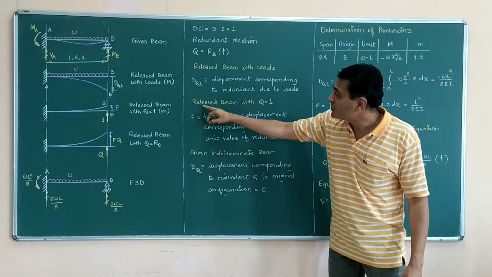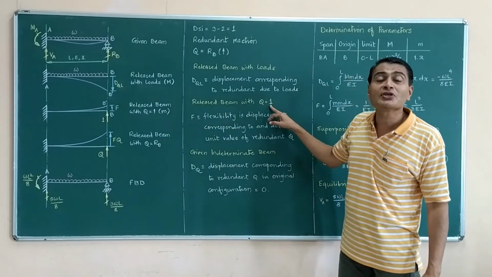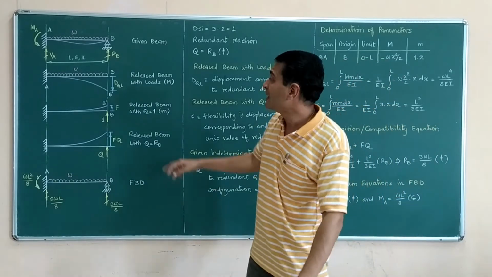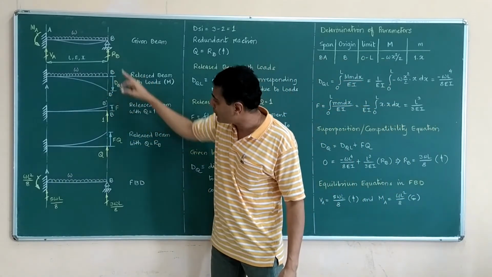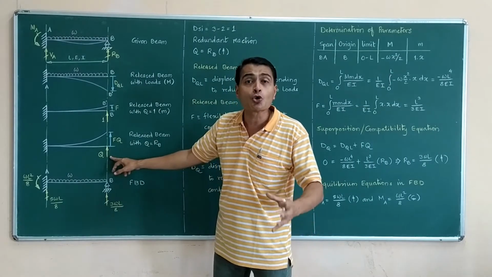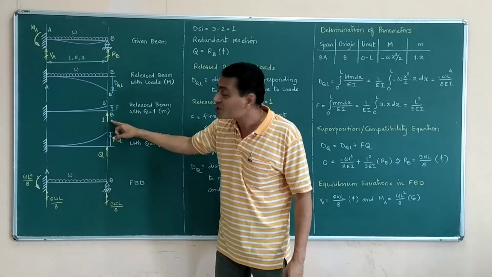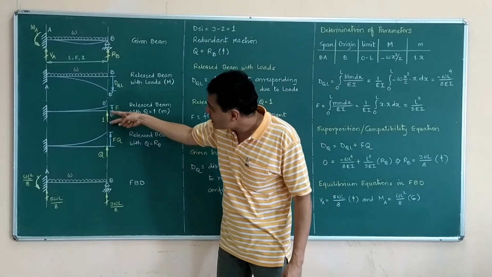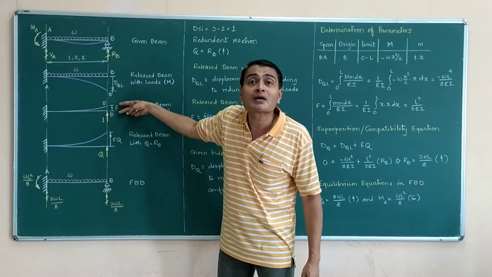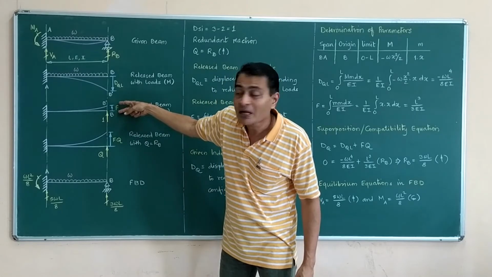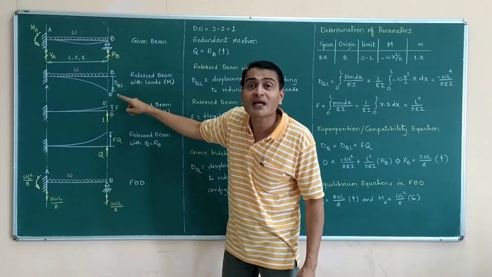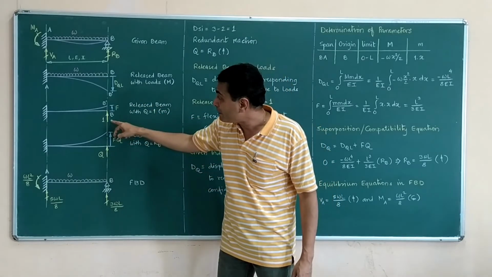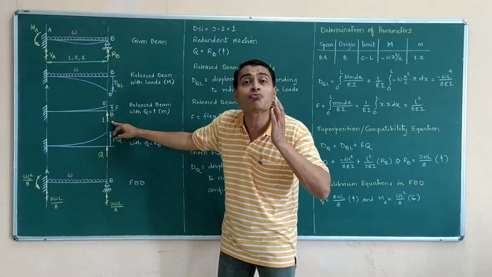Then I go ahead with released beam with Q equal to 1. So this is very interesting. As I said just now again, instead of directly applying this RB or Q, whatever you may call it, first we apply a unit load. When I apply the unit load, whatever is the corresponding deflection, again it is going to be BB prime deflection, not the slope at B prime point, because my applied unit action is that of force.